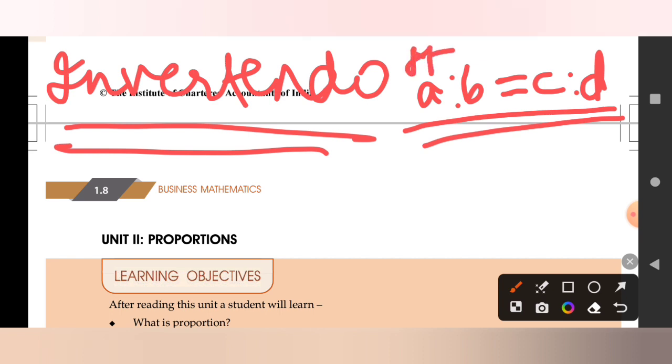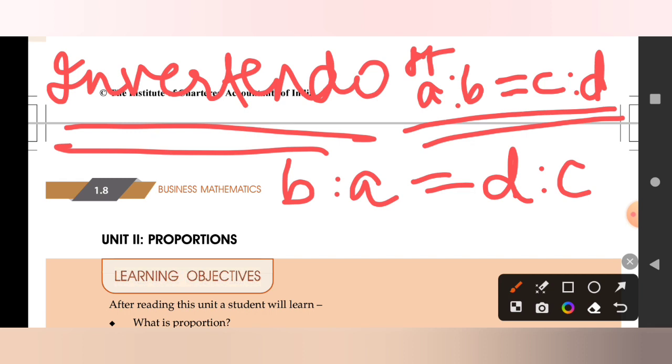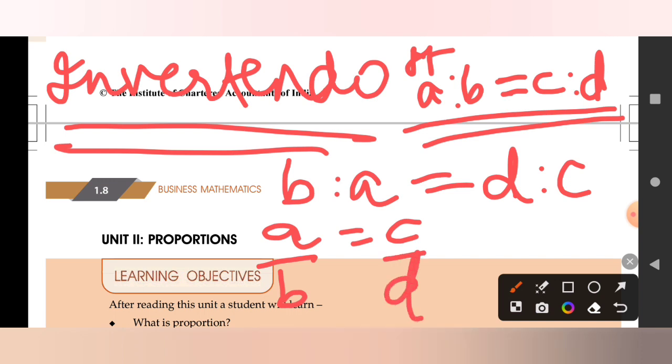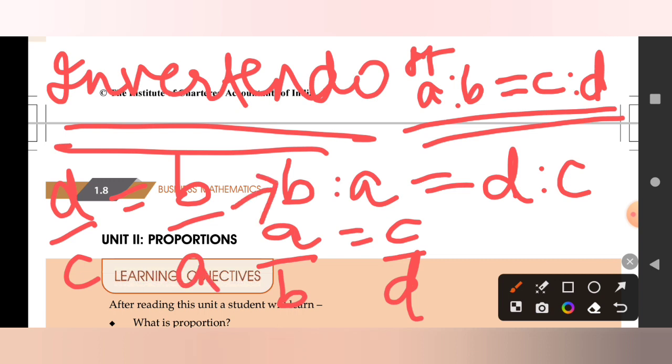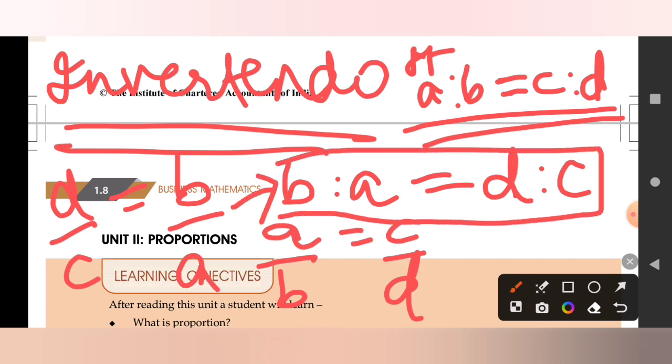So if these two are equal, then B is to A is equal to D is to C. So A by B is equal to C by D, and if you take all the right terms to the left and left terms to the right, it will come as D by C equals B by A, which is as good as B is to A is equal to D is to C. This property is called invertendo.